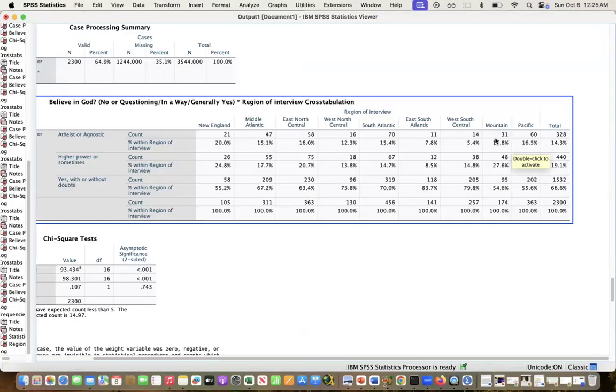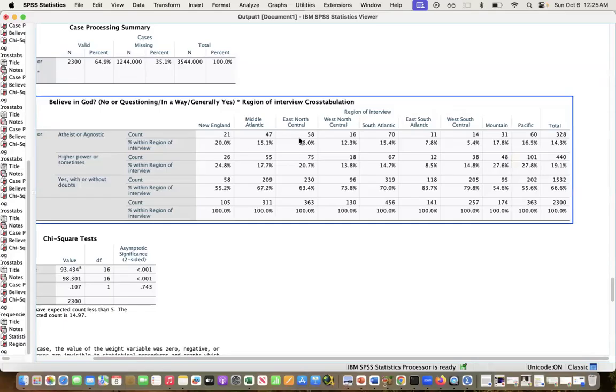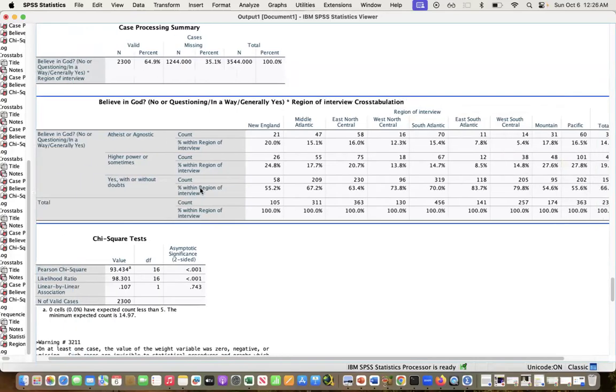We have 18% next, 16, and a couple of others that are around 16. So 20, 18, 16, 15, 15, 12, 14, 12. Those are all kind of similar. So let's look at, let's say, 20%. Let's start by saying these three are the least likely to have high theism.